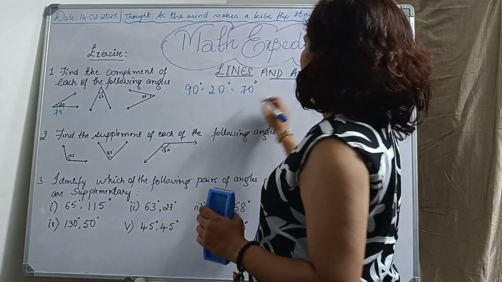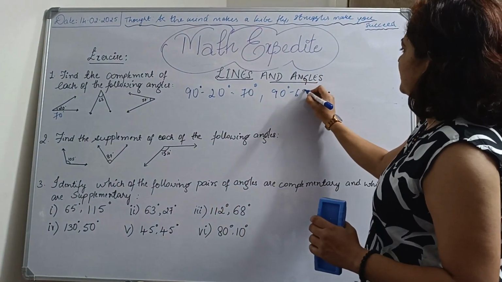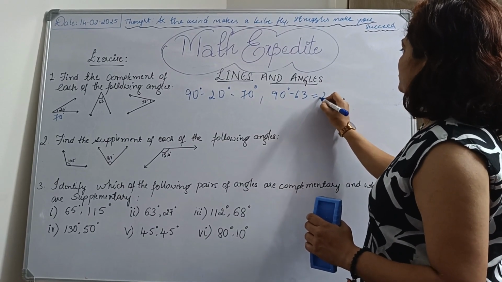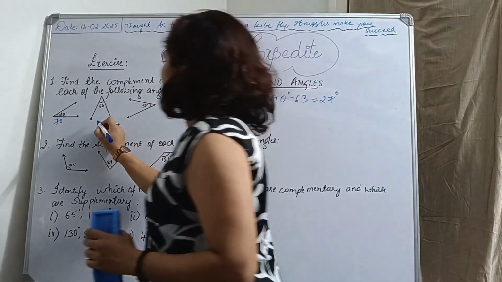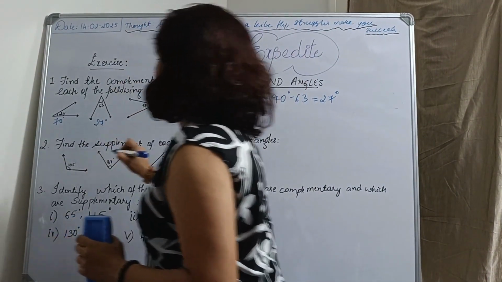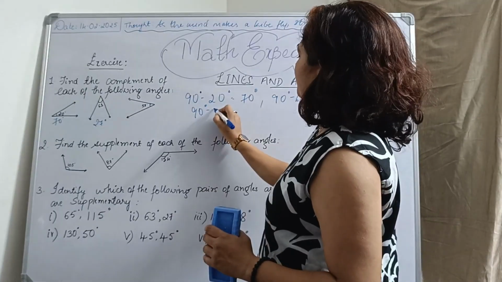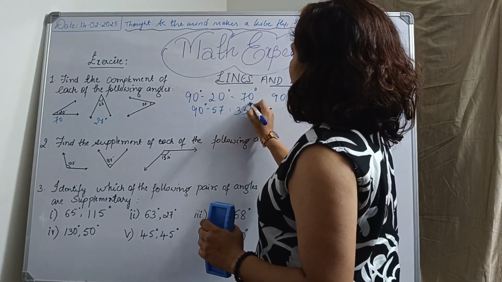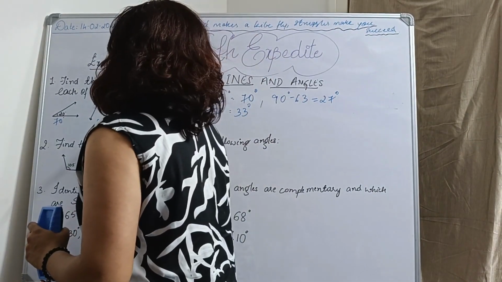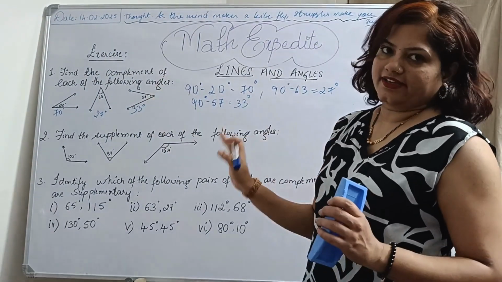For this 63, again 90 degrees minus 63 comes to 27 degrees. So the answer is 27 degrees. The third one, 90 degrees minus 57, you will get 33 degrees. So these are the complements of these angles.